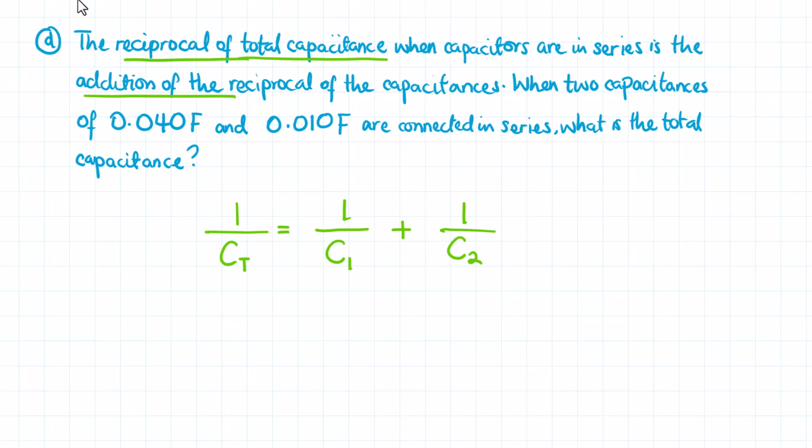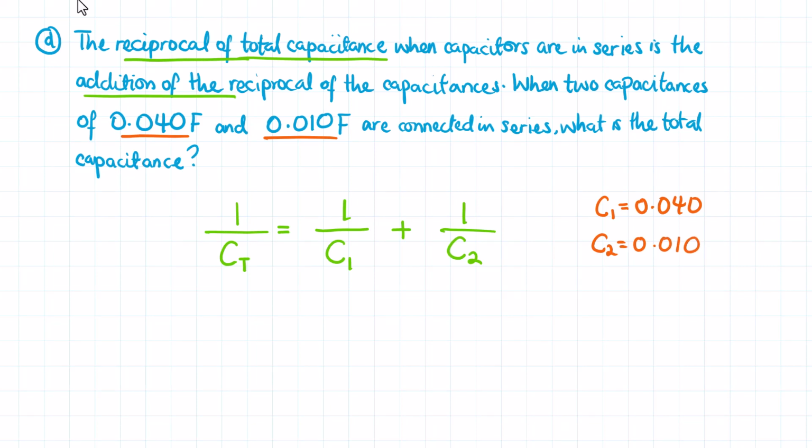We know that the value of our first capacitor is 0.040, and that of our second capacitor is 0.010.